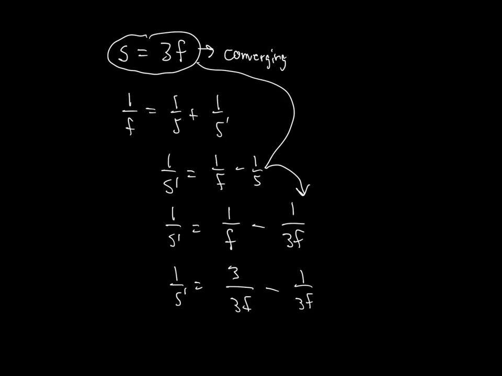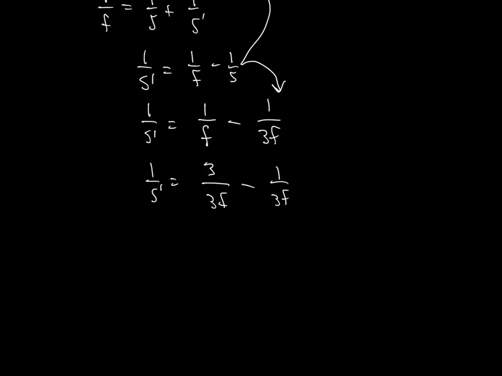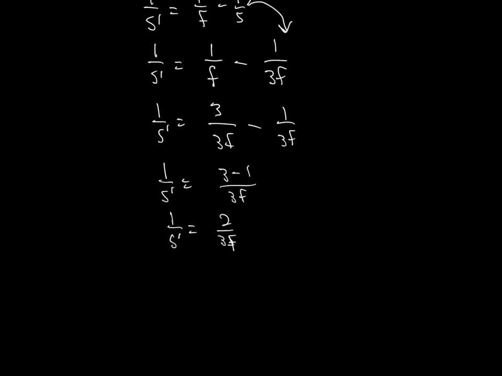What do I get? 1 over S prime equals 3 minus 1 over 3F. 1 over S prime equals 2 over 3F. So S prime would be 3 times F over 2. Questions on that? Okay.